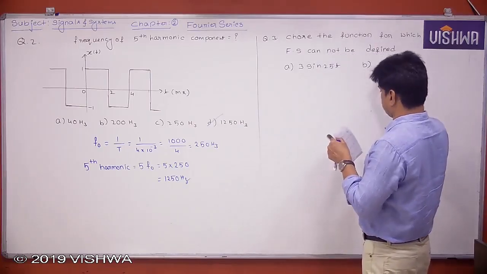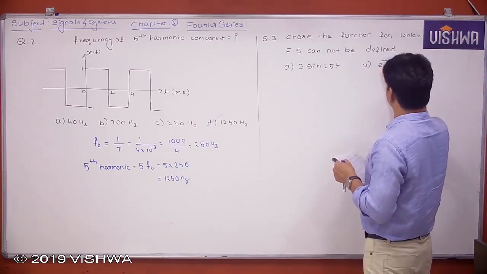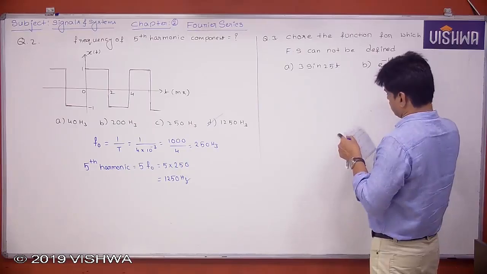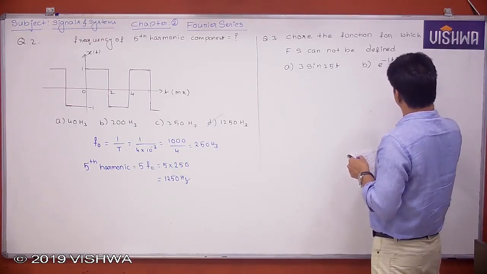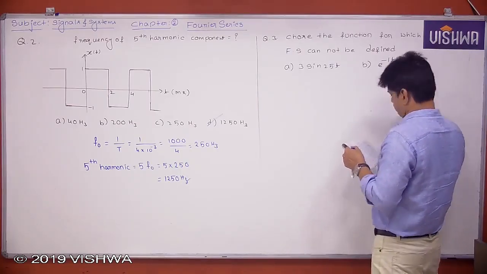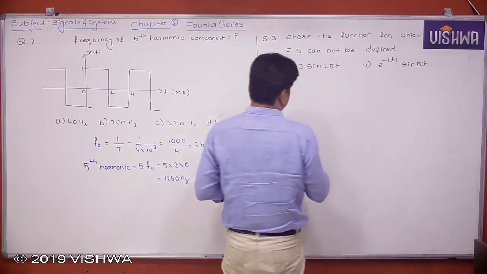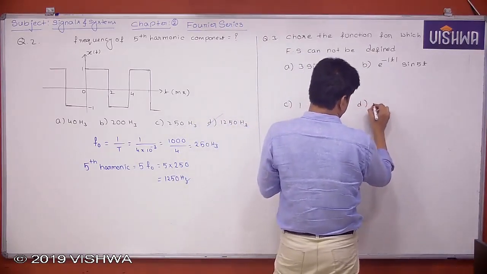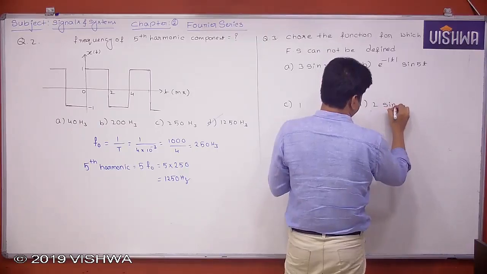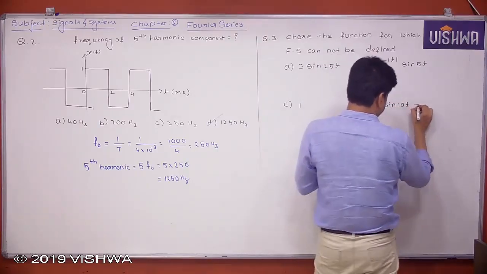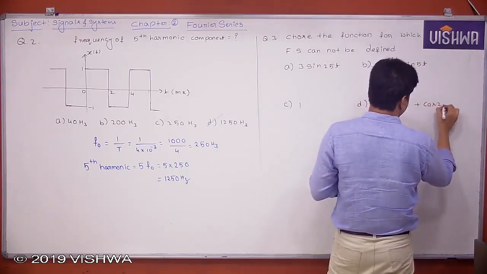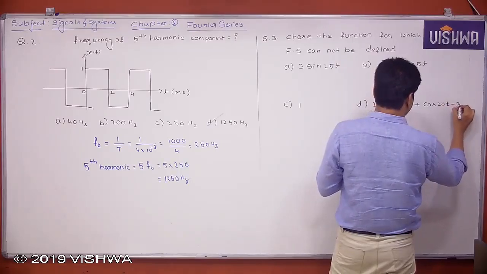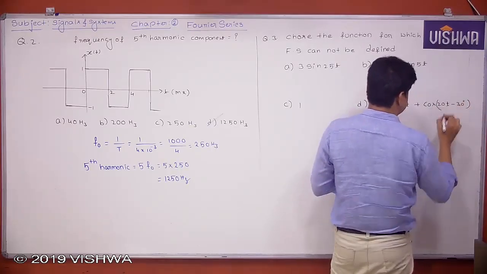Option B, e power minus mod t sin 5t. Option C, 1. Option D, 2 sin 10t plus cos 20t minus 30 degrees.